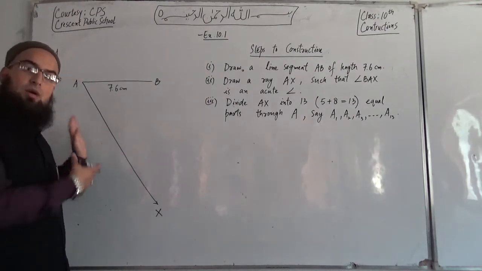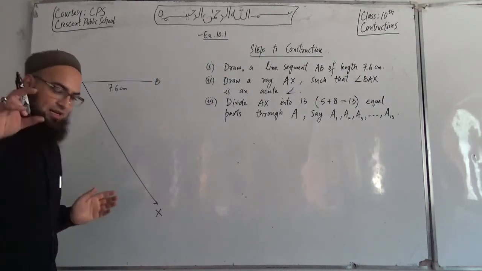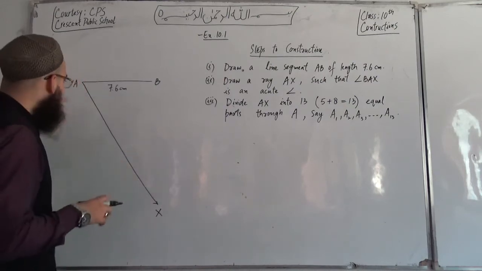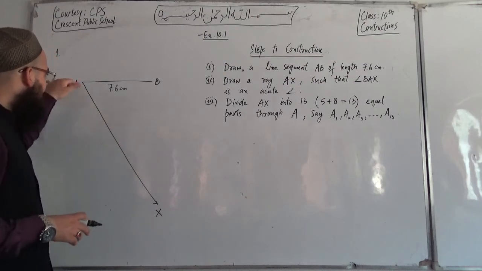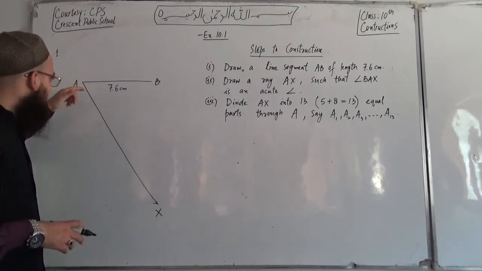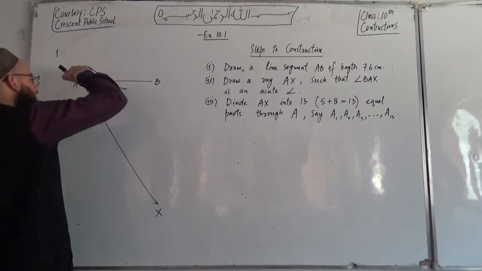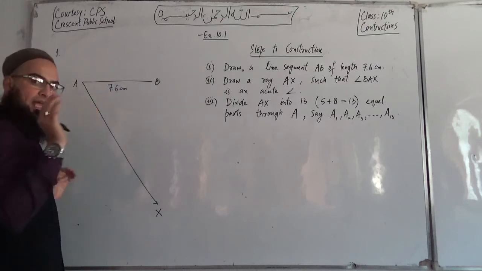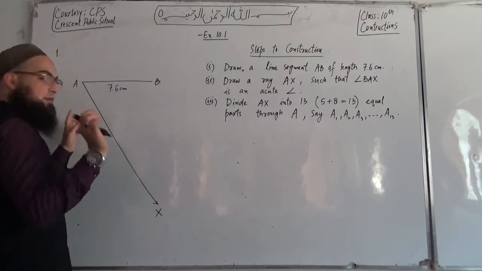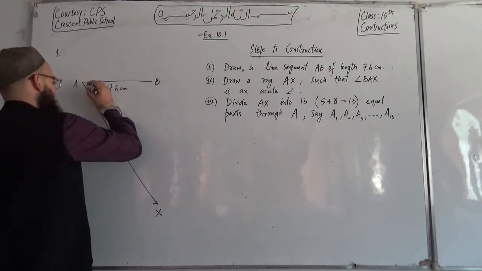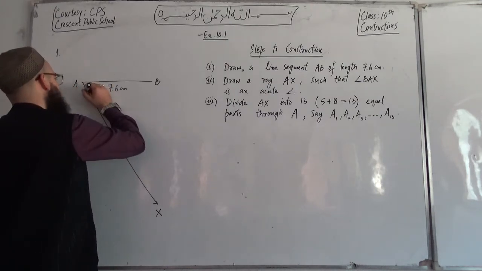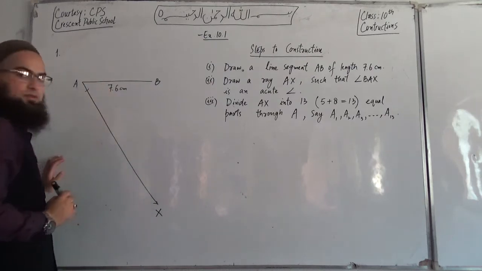But the question is, how would you do that? You take a compass with A as center and any convenient radius, draw an arc. Then for example, you start from A, with A as center and any convenient radius. Let us say you go like this. So that's one.